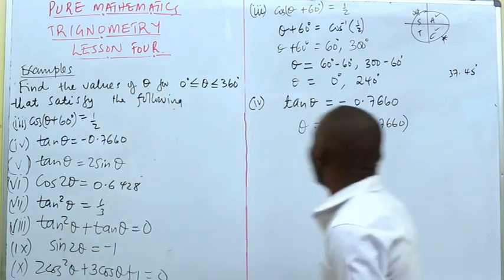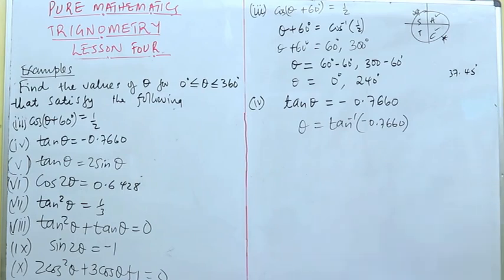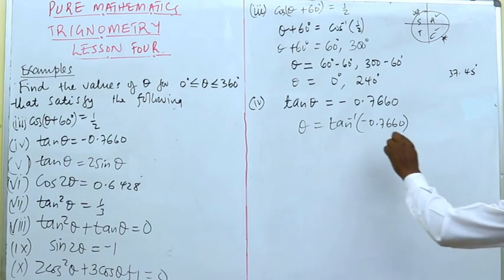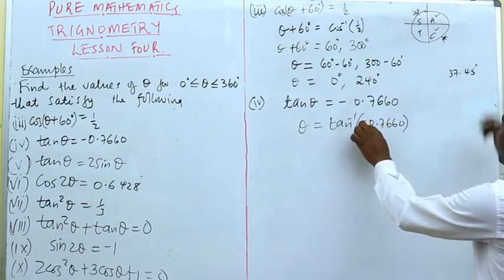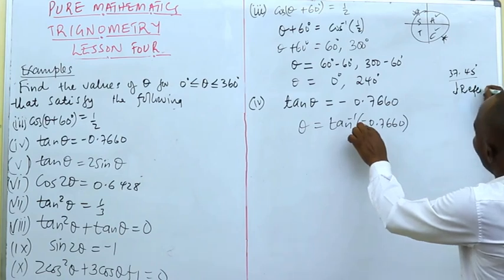If we got 37.45, is it the one that we are supposed to write here? No. Reason, I've said you treat it as a positive to get the reference angle. This one is our reference angle.